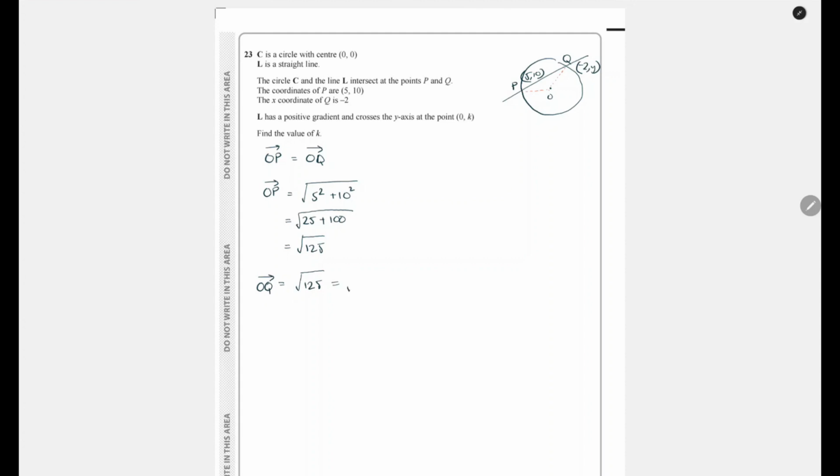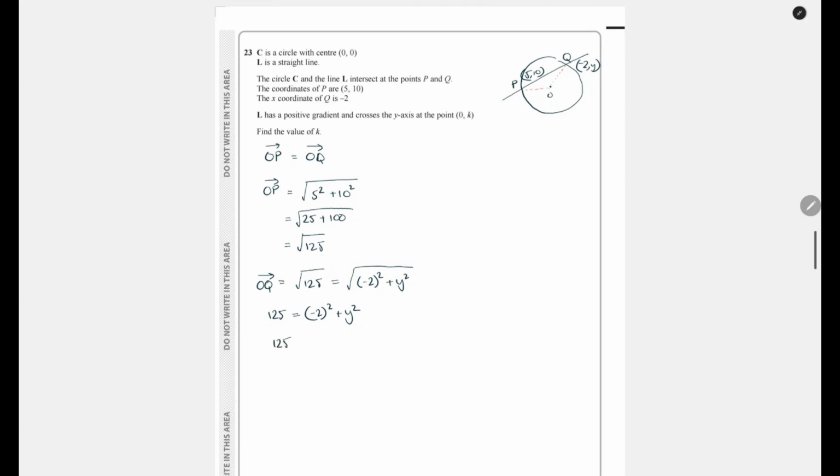So that's going to be equal to the square root of -2 all squared plus y squared. If I square both sides, I'm left with 125 is equal to -2 squared plus y squared, which is 125 is equal to 4 plus y squared.